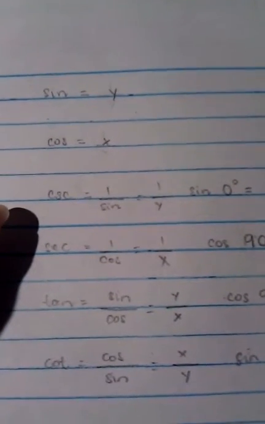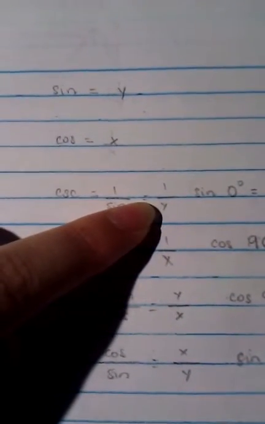For cosecant, we know that cosecant equals 1 over sine, which means it's equal to 1 over y. Sine, and y at the same time, are what dictate whether or not the graph will have an asymptote, and it does.